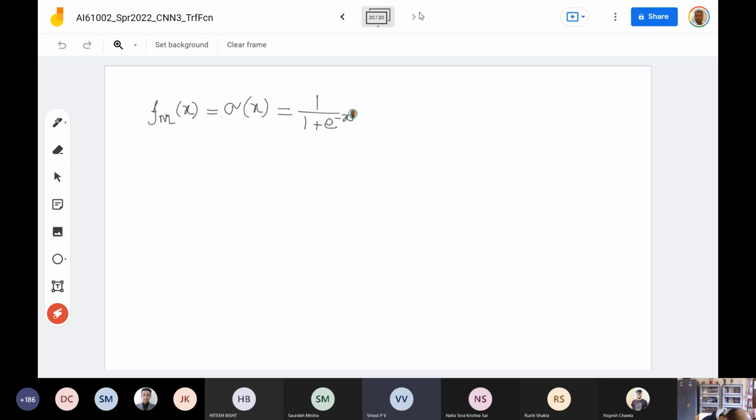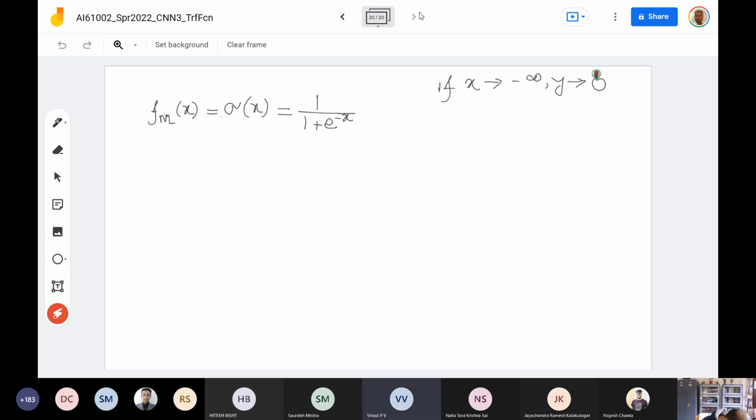Okay, now look into this one. If x tends to minus infinity, then what will y tend to? 0. y will tend to 0.